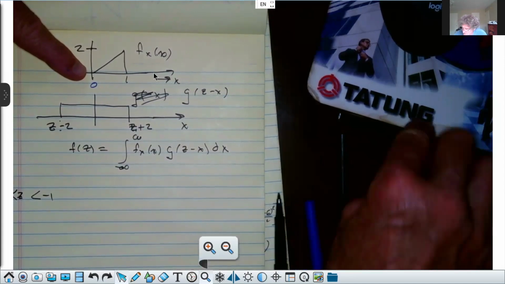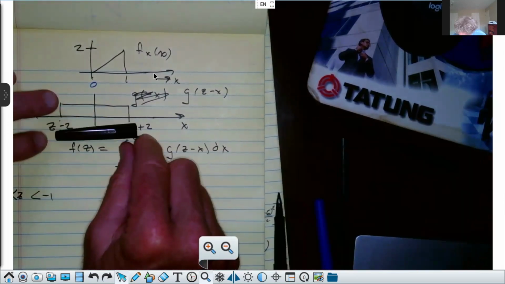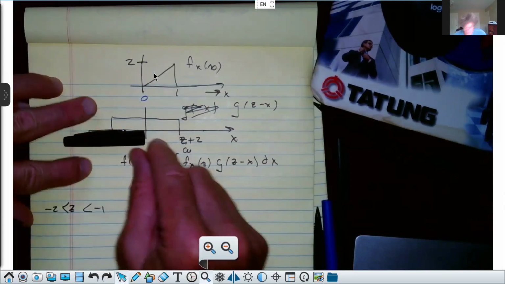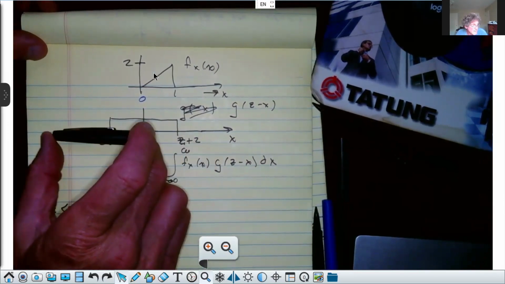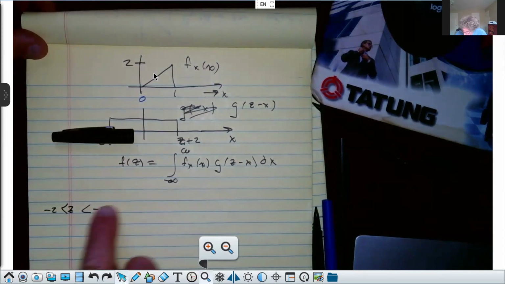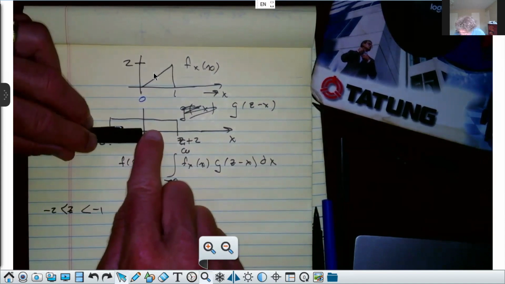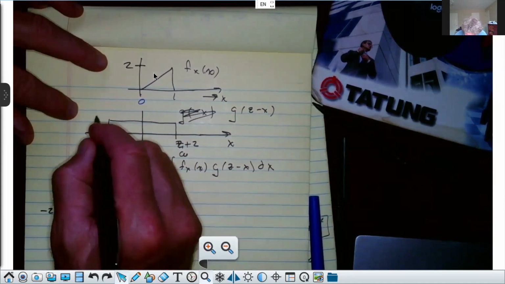Now, if you think about this whole rectangle, that's basically the width. Now I've moved that window down to here. Can you see that? Normally it would be this one, right? Now I've moved it down here: if z is -2, the upper limit here would be -2 plus 2, which is 0. It's just starting to creep in. With me? And the height of this is 1/4, by the way.